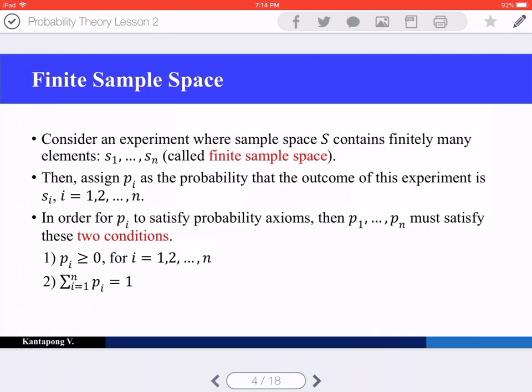Okay, so the first property is that the probability measure is non-negative. So this is like the last time, right? And the second property is that the sum of the probability from P1 to Pn is equal to 1. Why this? Because remember that the probability of the sample space is equal to 1, right? And for the sample space, we can list S1 to Sn. So the sum of Pi from i equal to 1 to n is equal to 1.